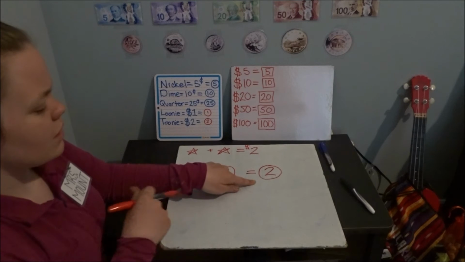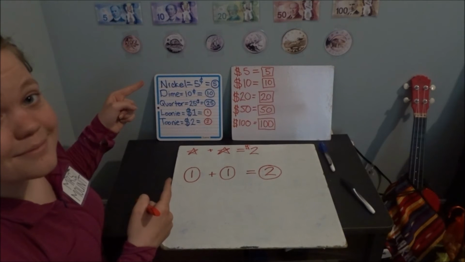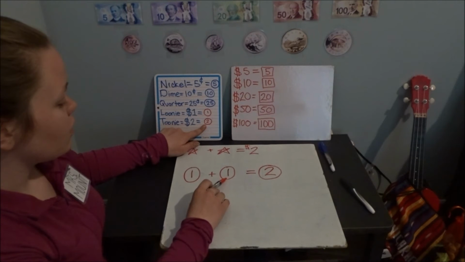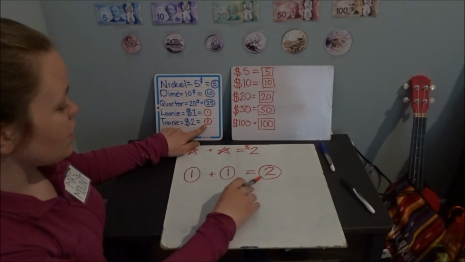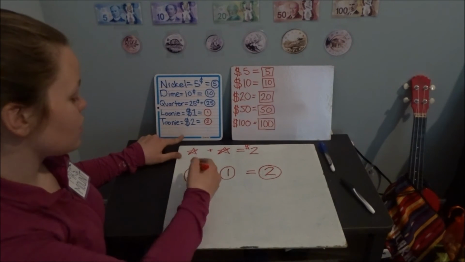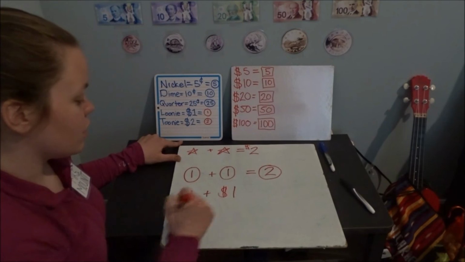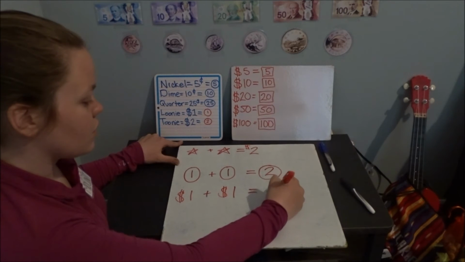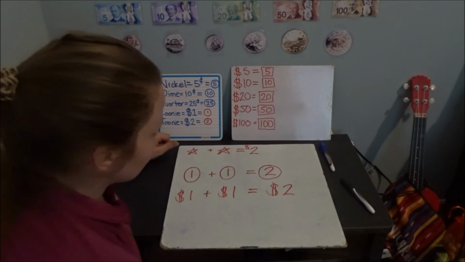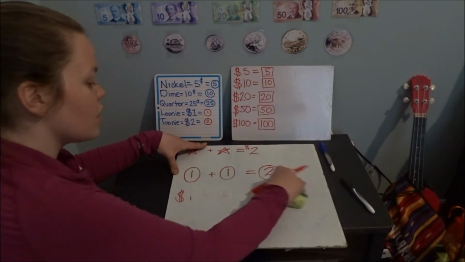Now, do you see this anywhere there? You're right, it's right here. So 2 loonies is equal to 1 toonie. And that's because $1 plus $1 is equal to $2. Awesome. Oh, right. So next we are going to look at our toonie.